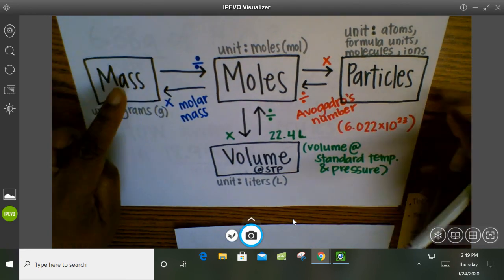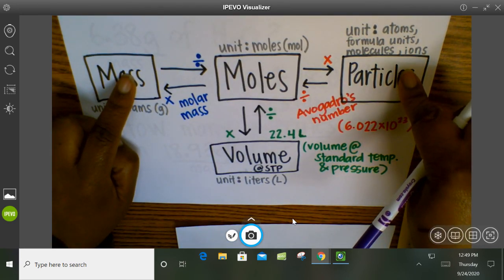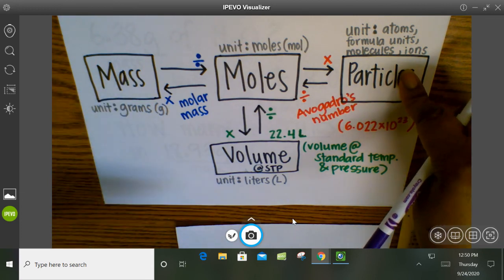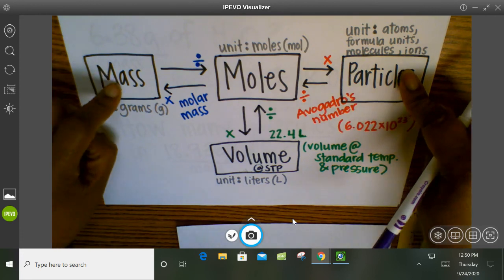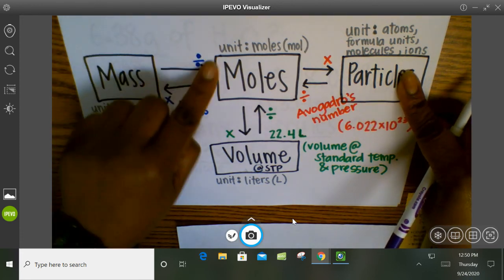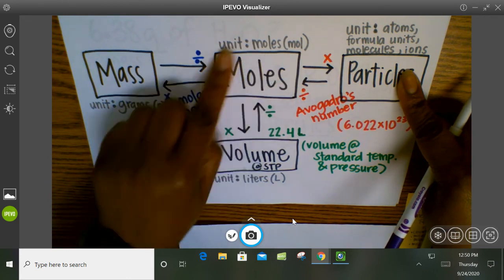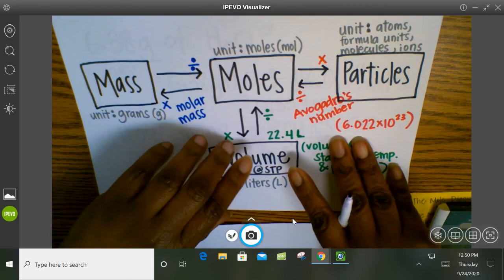So we're going from mass to particles. We're going to go from mass to particles, so the first thing I have to do is take my given mass divided by the molar mass. That will give me moles, and then I'm going to multiply by Avogadro's number.